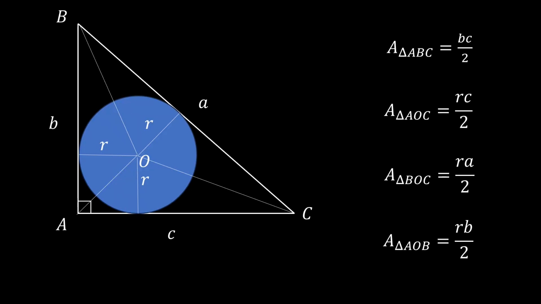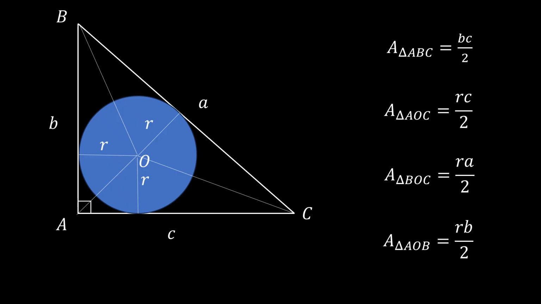On this slide, we calculate the area of the original right triangle and the three smaller triangles formed by the incenter. The area of the main triangle ABC is given by 1/2 times B times C, because for a right triangle, the legs B and C serve as base and height. Next, we compute the areas of the three smaller triangles, AOC, BOC, and AOB.